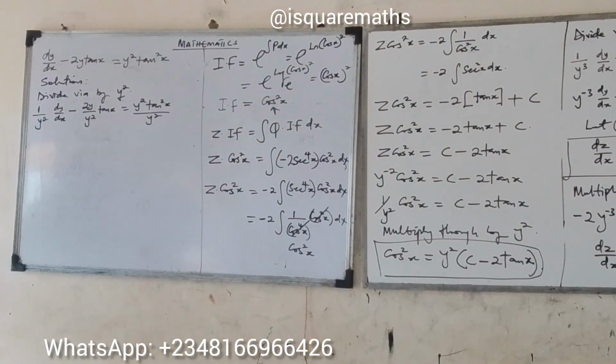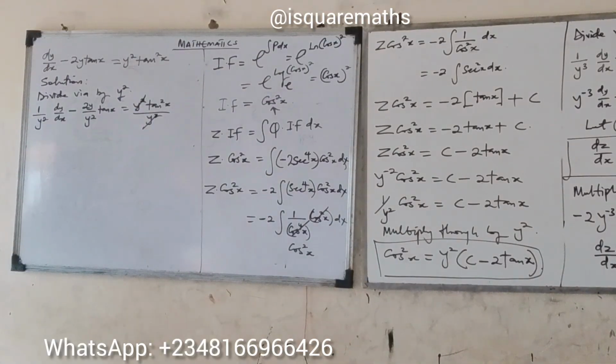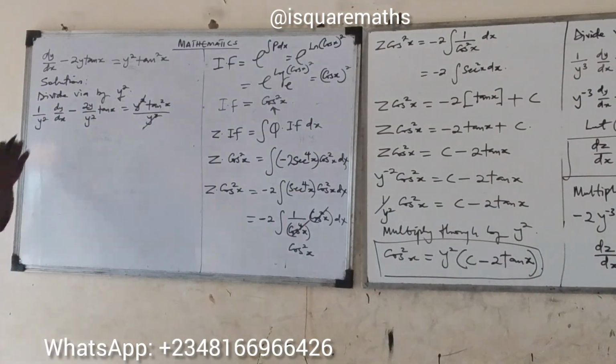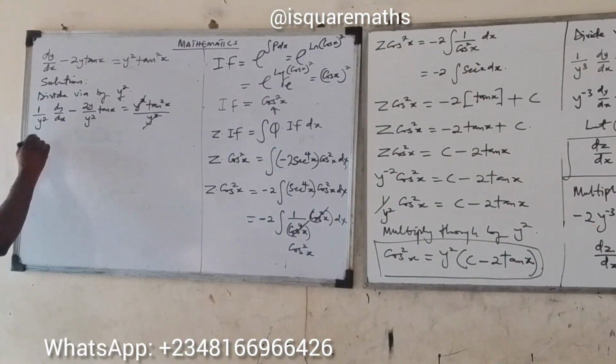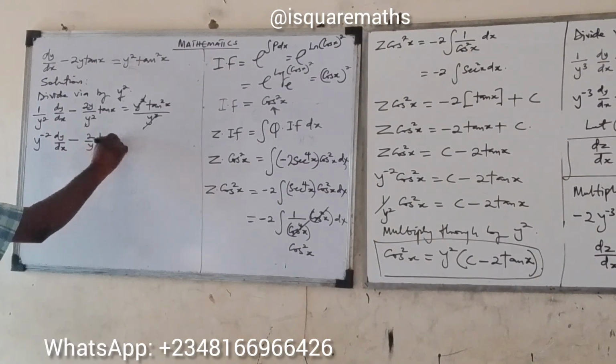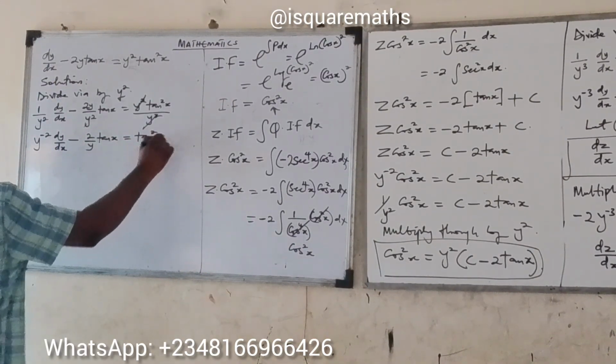Now this y square will cancel this y square, and we will be left with tan square x. This 1 over y square is y raised to the power of minus 2. Then here we have dy/dx minus, now this y will go with one of these, so we'll be left with 2 over y, then tan x, equal to tan squared x.